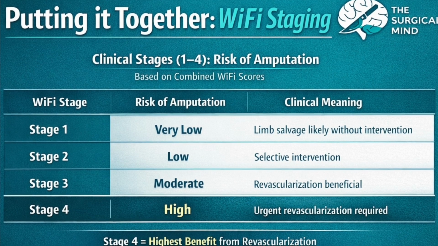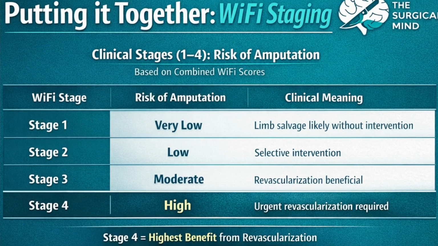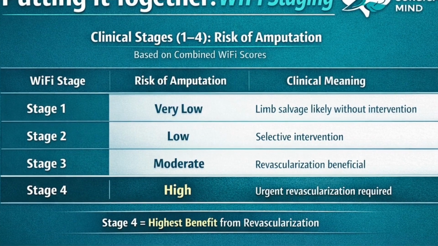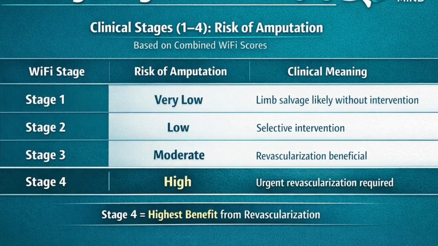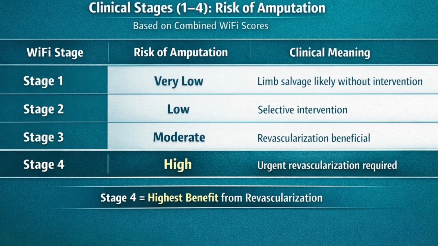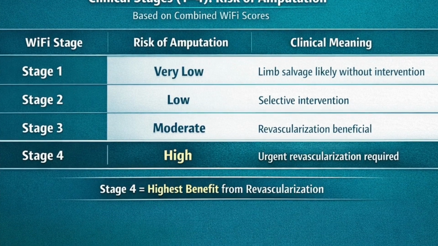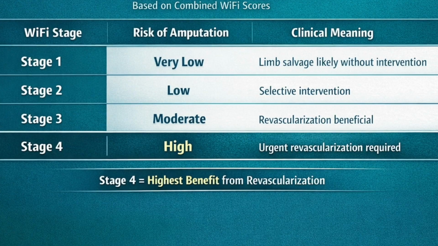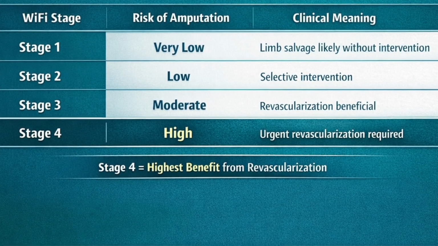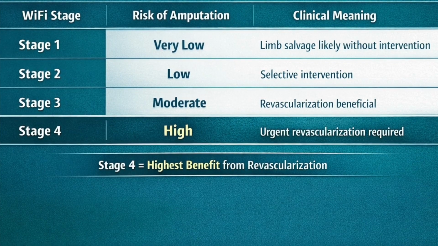Stage 1, where the risk of amputation is very low and the limb salvage is likely without any intervention. Stage 2, risk of amputation is low with selective intervention. Stage 3, the risk of amputation is moderate and revascularization is beneficial. And stage 4, where risk of amputation is high and urgent revascularization is required.